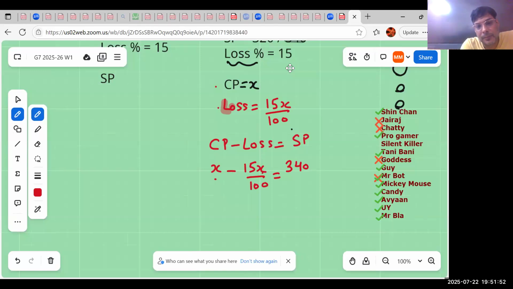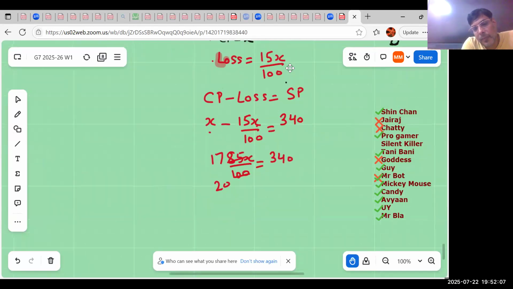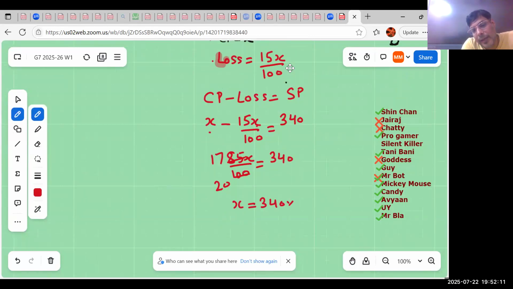Sir, 100x minus 15x upon 100 will be 85x upon 100. This will be 17 upon 20. That is equal to 340. So x will be equal to 340 times 20 divided by 17. That will be 400.